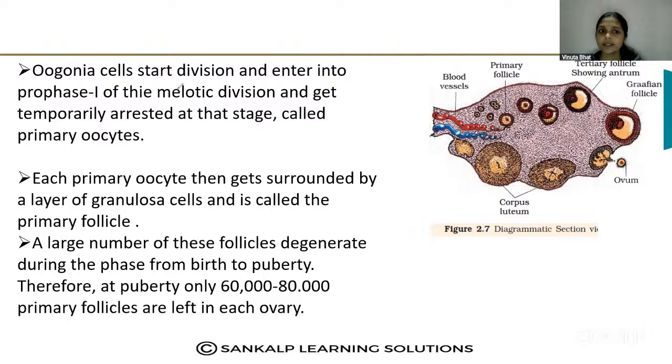In the ovary, the oogonia cells start division and enter into the prophase 1 of the meiotic division and get temporarily arrested at the stage called primary oocyte.